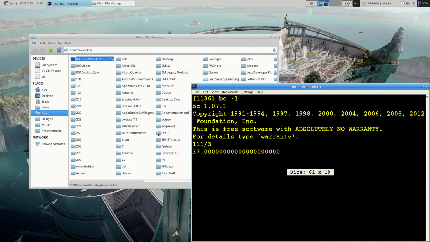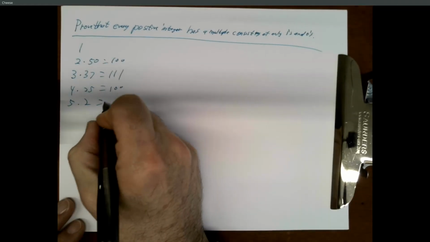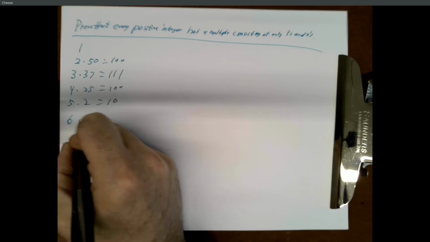So 111 is 37 times 3. So 3 times 37 equals 111. For 4 we can do 25. For 5 we can do 2. What about 6?